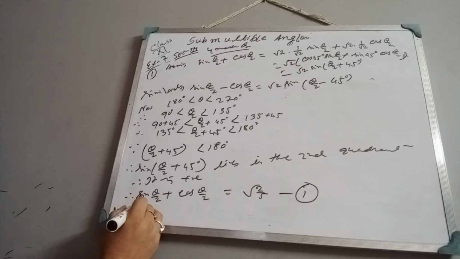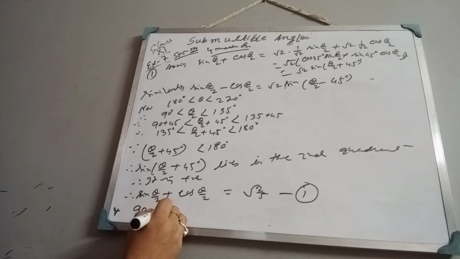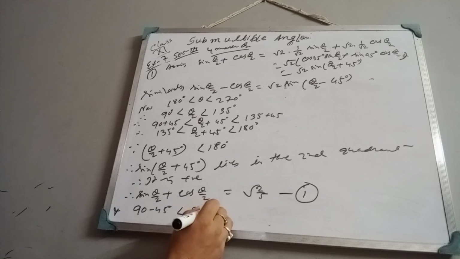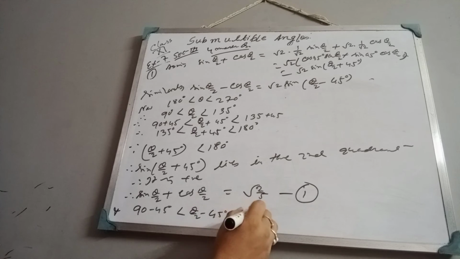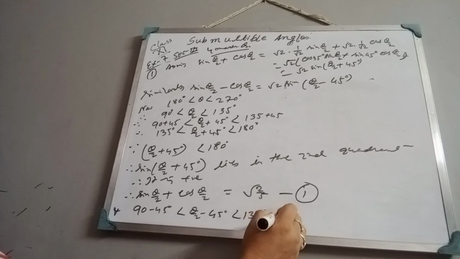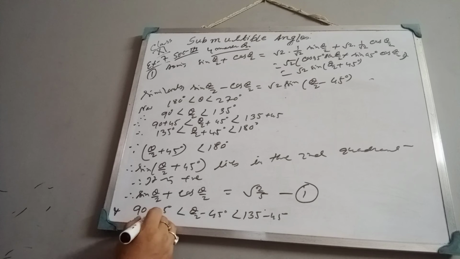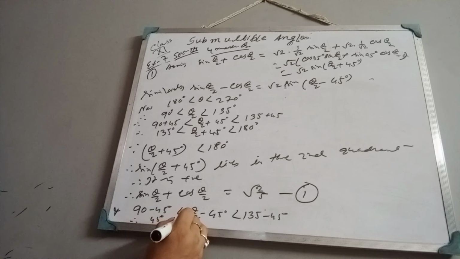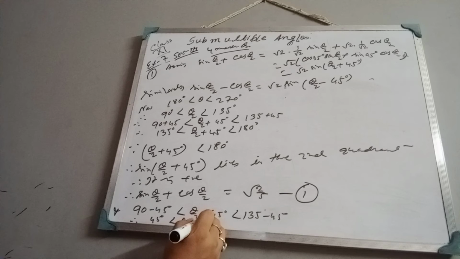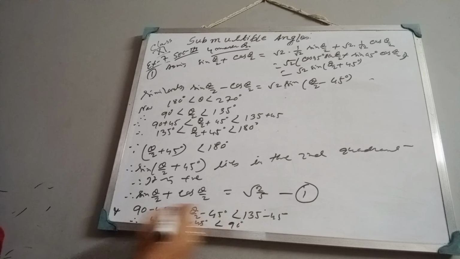Similarly, 90 minus 45 less than θ/2 minus 45 less than 135 minus 45. How much? 90 minus 45, again 45. So 45 less than θ/2 minus 45 less than 90 degree.